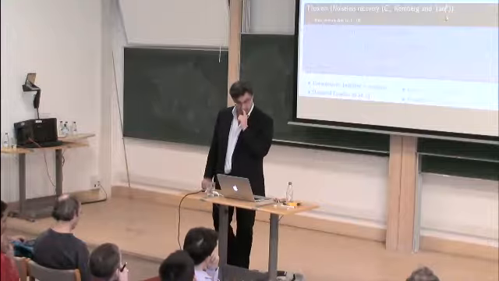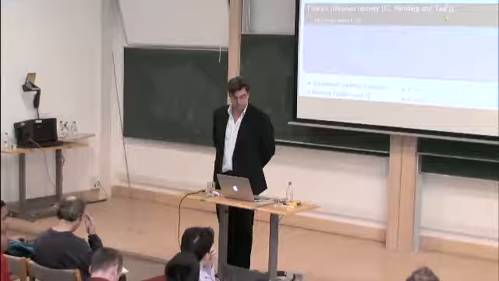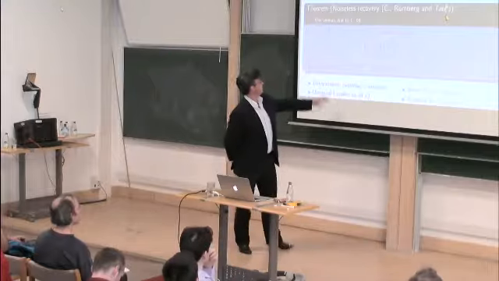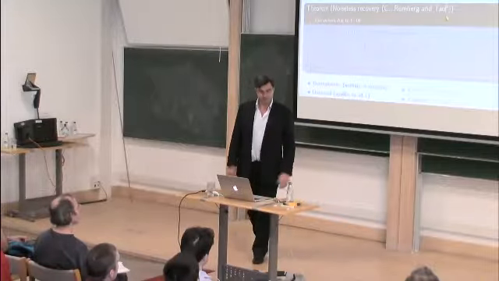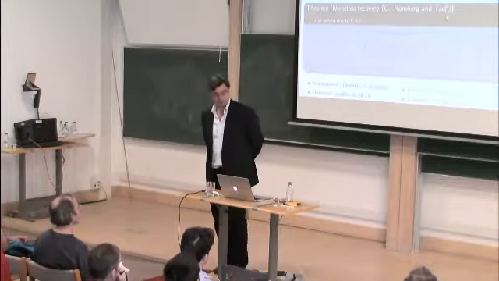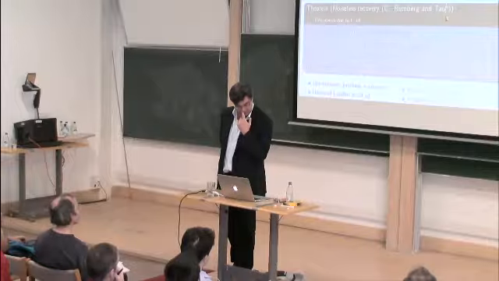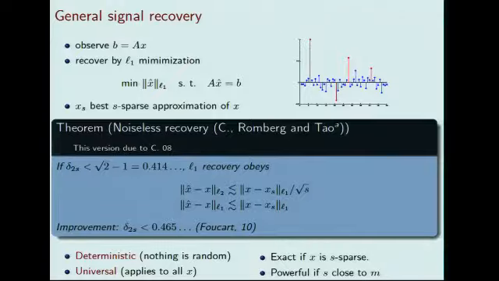Okay, so it's going to be a powerful theorem if I can find a way to construct matrices for which S is very close to M, for which delta 2S less than 0.414 holds. Okay, so that's a result. That's kind of the only real result we're going to discuss today, and we're going to discuss it in detail.